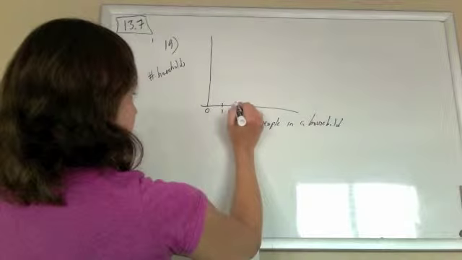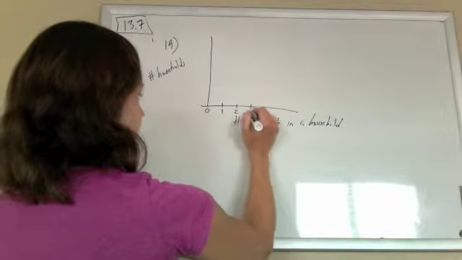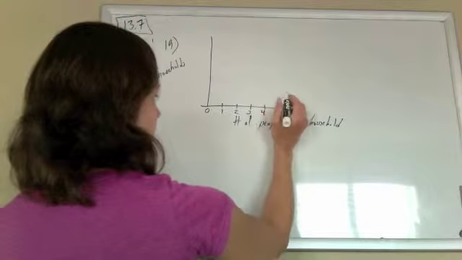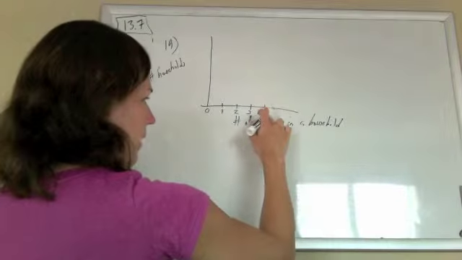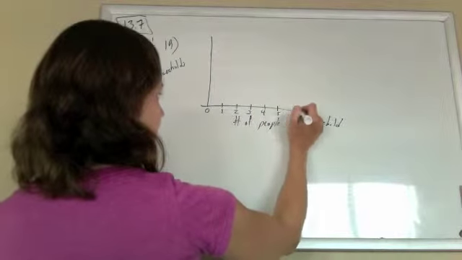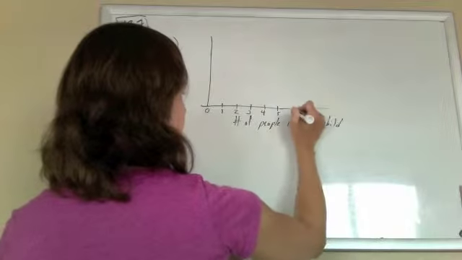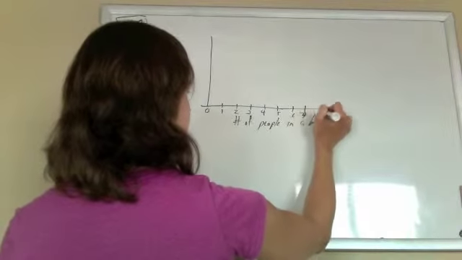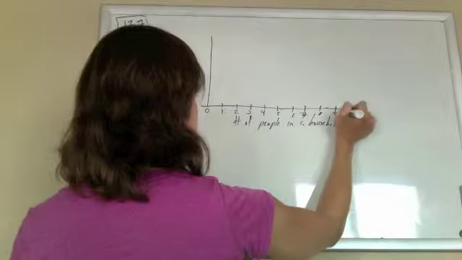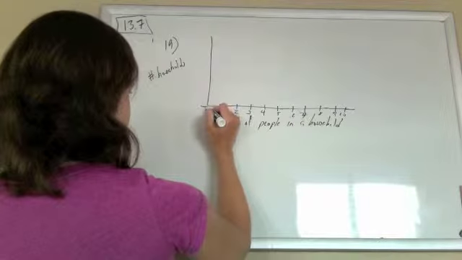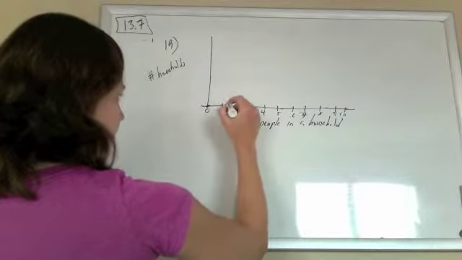Some people are living single, some households have 2 people, some have 3, and probably most common, a family of 4, 5, 6, 7. You could have a lot of people in a house if you wanted, but most likely you're not going to have nobody living in a house.